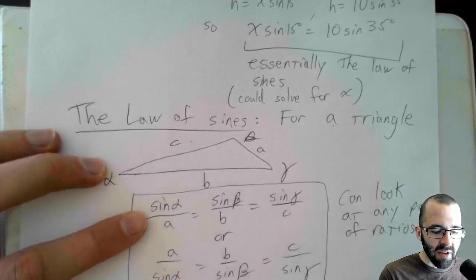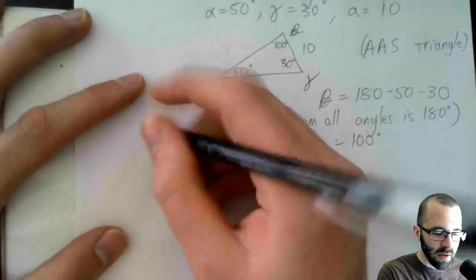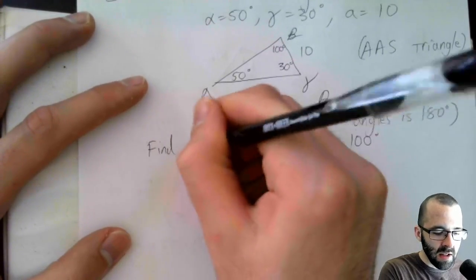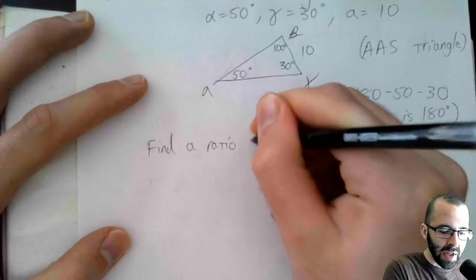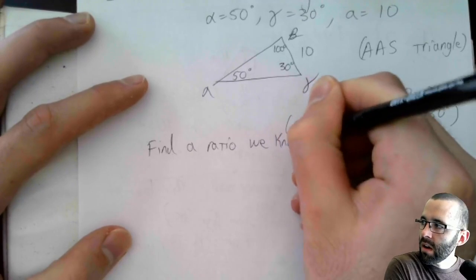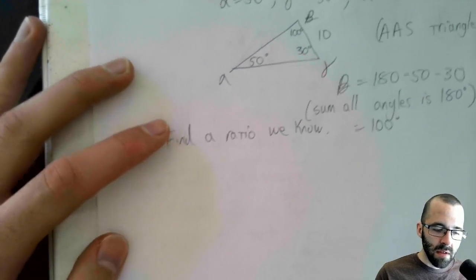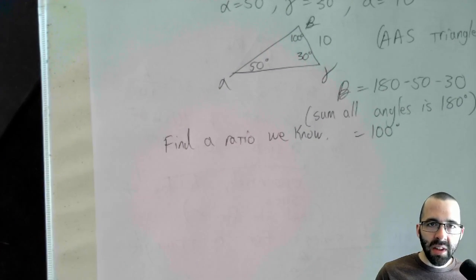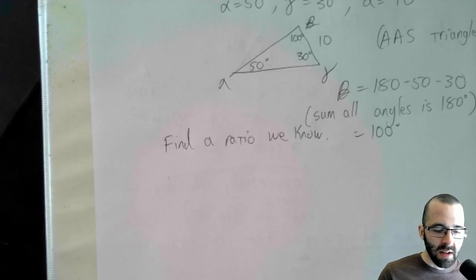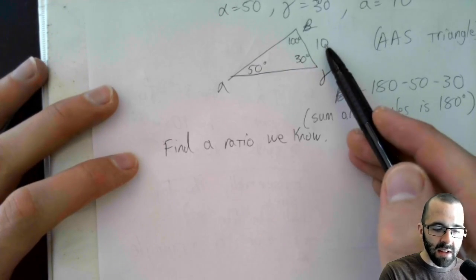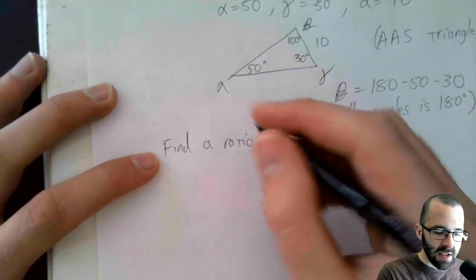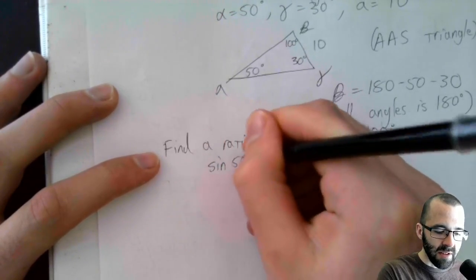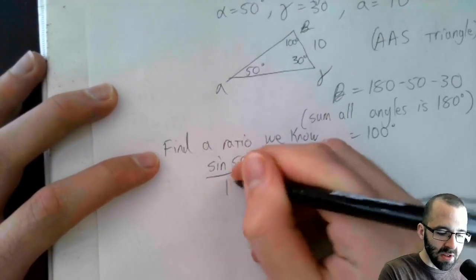So we always start by finding which ratio we know. Right? Find a ratio that we know. So that's always going to be an angle with its opposite side. Here we know 50 degrees, its opposite side is 10. So we're going to start with sine of alpha, which is 50 degrees, divided by a, which is 10.